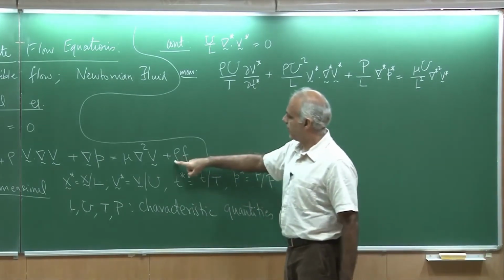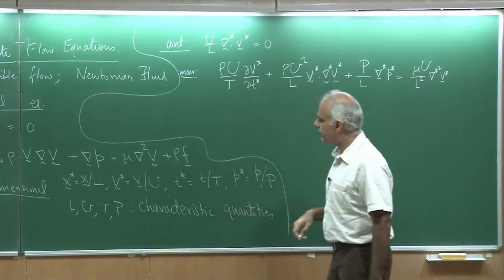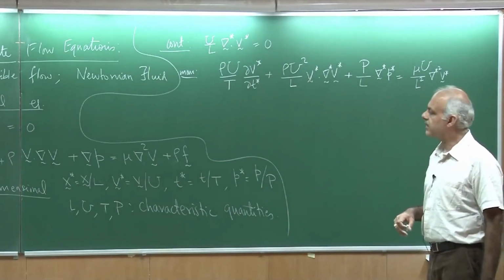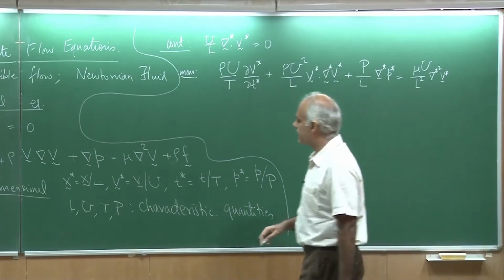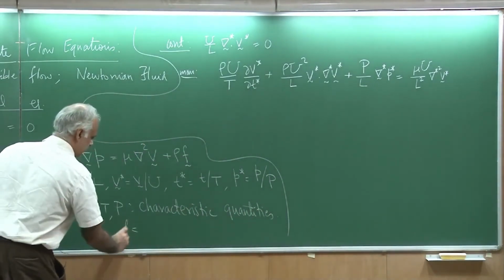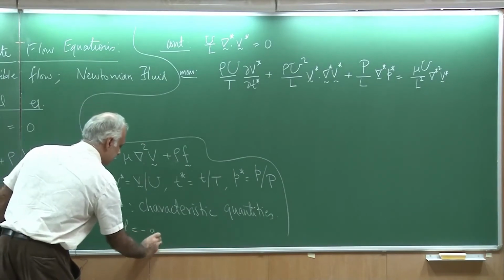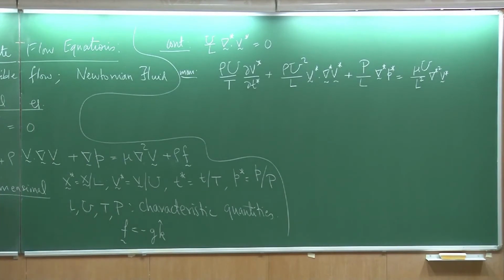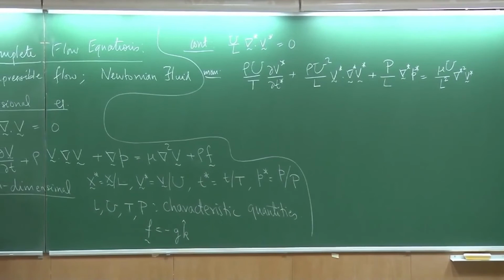Now I come to the rho F term, and I will make an assumption here that F is minus g k. So I am saying that the body force is only gravity, and it's in the k direction.